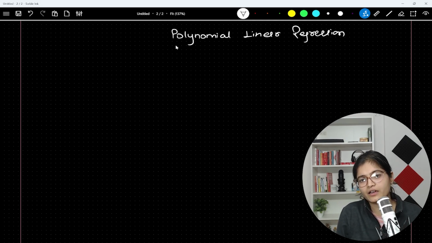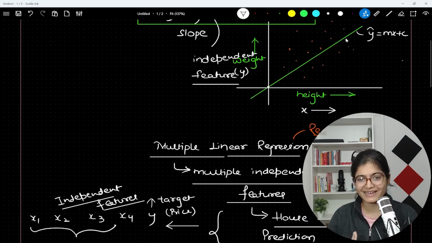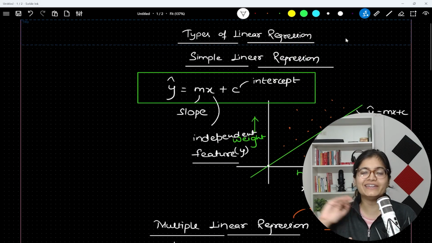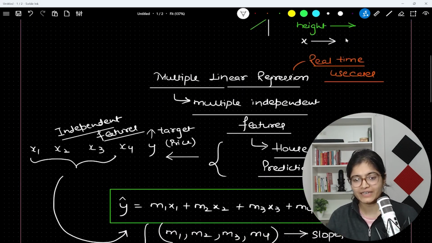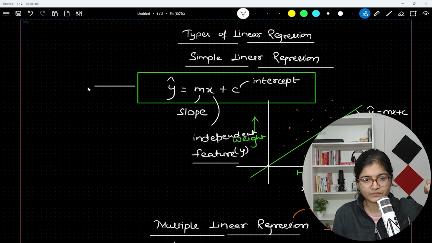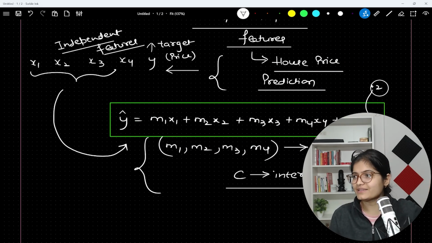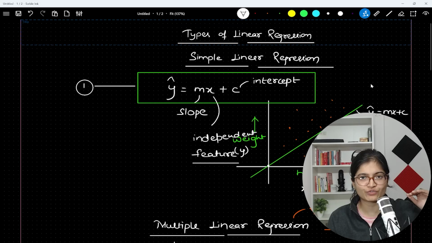Whenever we talk about this kind of linear regression, see, in the above cases we are dealing with linear data. Have you observed the equations, whether equation number 1 or equation number 2, can I say both of these equations belong to a straight line?